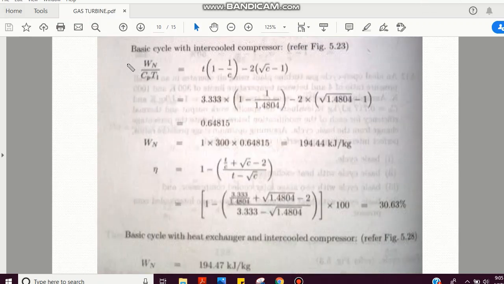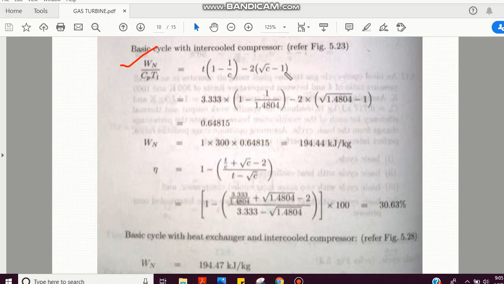Now the basic cycle with intercooled compressor. The specific work output in this case is Wn by Cp into T1, which is small t into 1 minus 1 by c, minus 2 into root c minus 1.